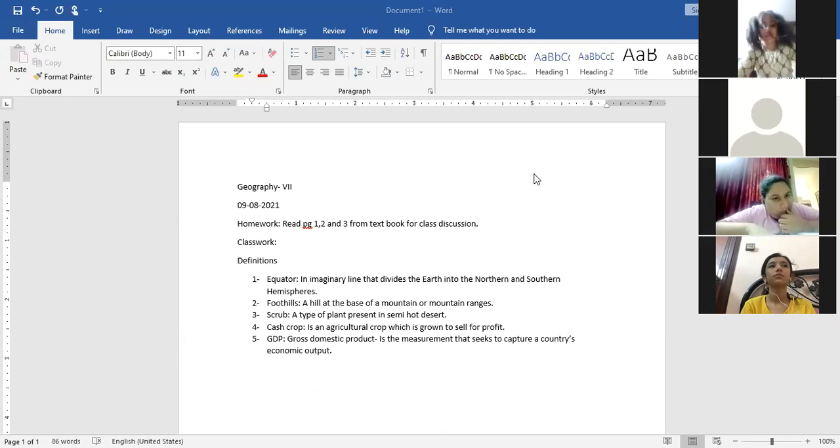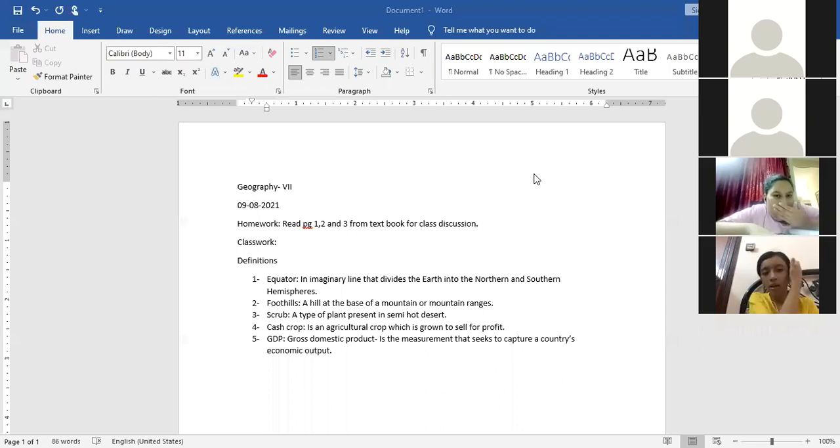The second term that we'll be coming across is foothills. Foothills are basically hills at the base of a mountain or mountain ranges. Whenever there are any mountains, there'll be smaller hills towards where they start from, near the ground area.